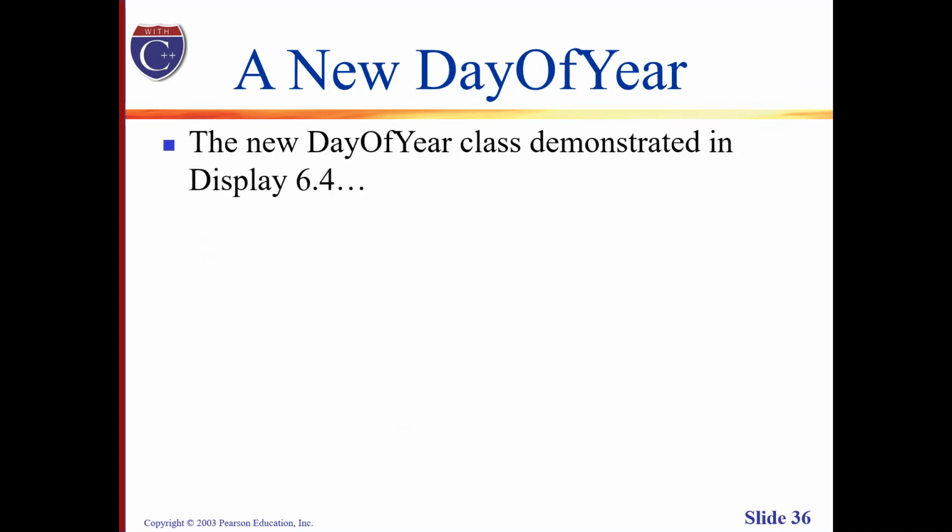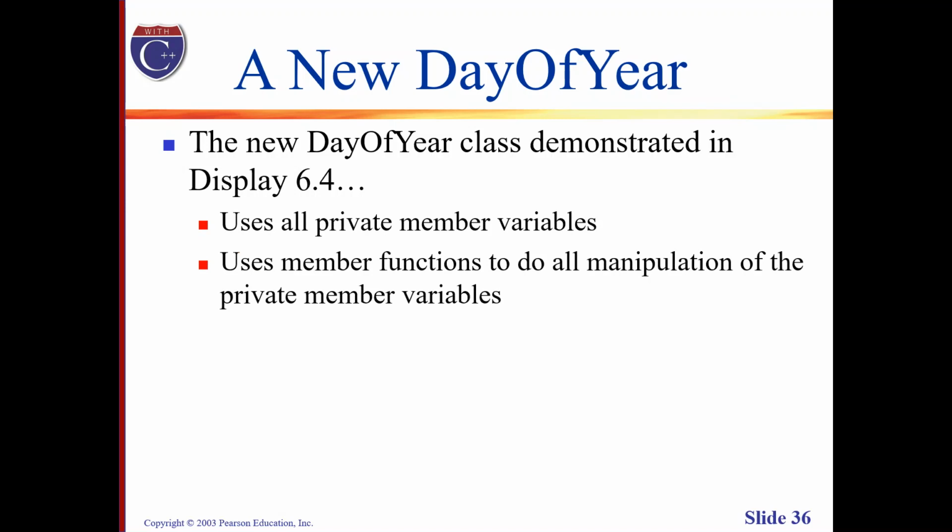Here's a new version of the class that we have. In this case, our new version has the following changes. It uses all private member variables and uses member functions to do all manipulation of the private member variables.